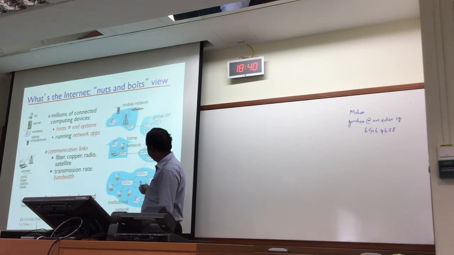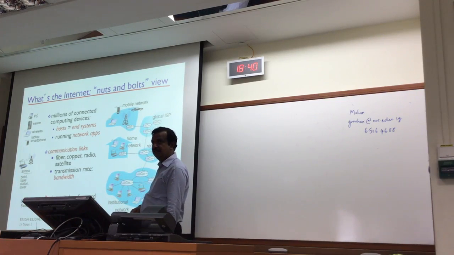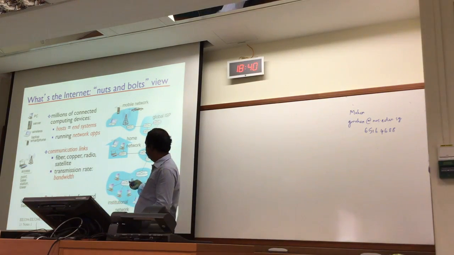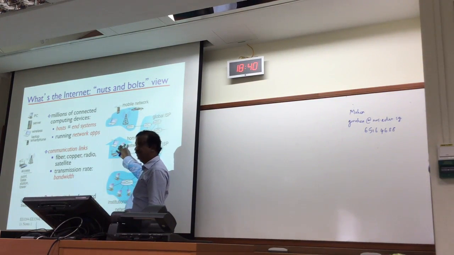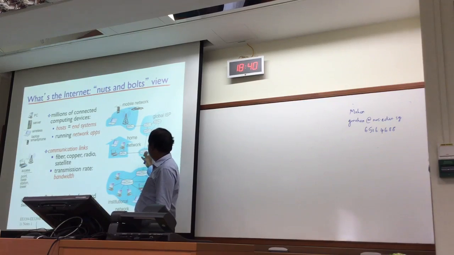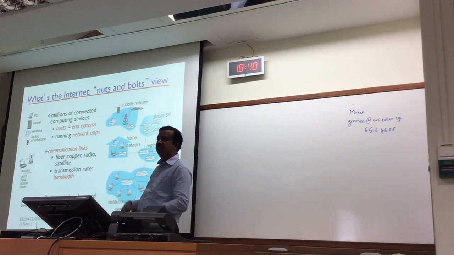And you can also see some devices something like this. We call them switches, okay, or it could be routers. Later we will differentiate what's a switch and what's a router, but basically it's used to take the data we generate from here, and they are used to route the data.